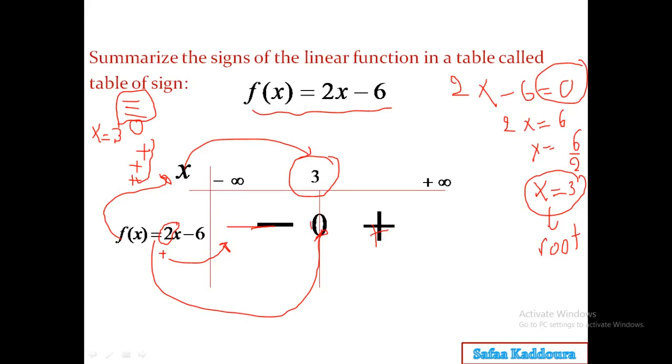At the root, the function will be 0. Before the root, the sign of the function will be opposite of a, which is the coefficient of x. And after the root, we will have the same sign as a.